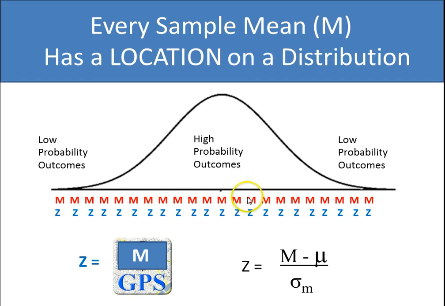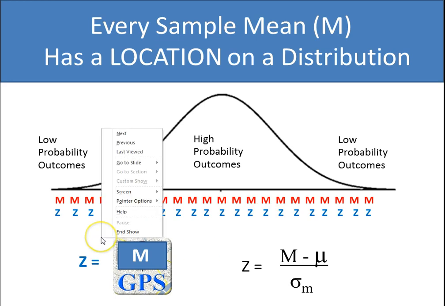Each one of these sample means is located at a very specific point in the distribution, and each sample mean also has a z-score that provides its exact location.